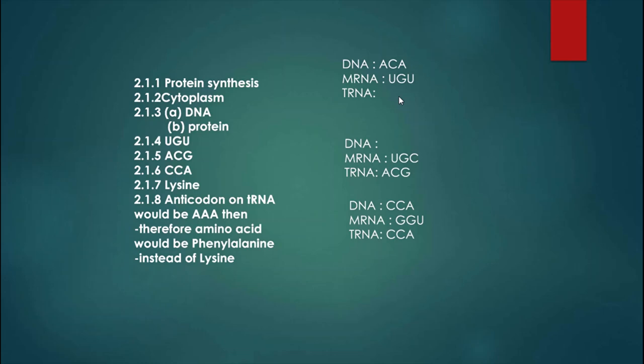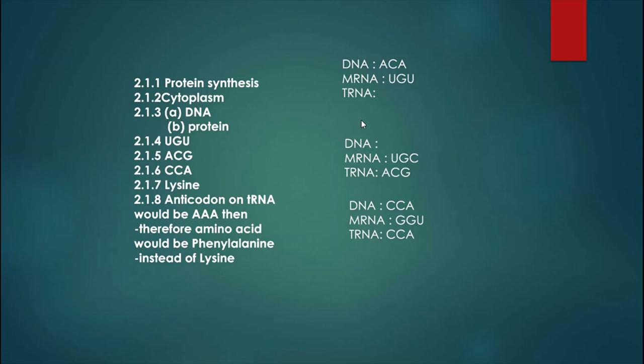You don't just move from DNA to tRNA straight. So you move from ACA to UGU, from UGU to ACA. As you can see, the DNA is the same as the tRNA, but you need to use this sequence. This sequence is very important.